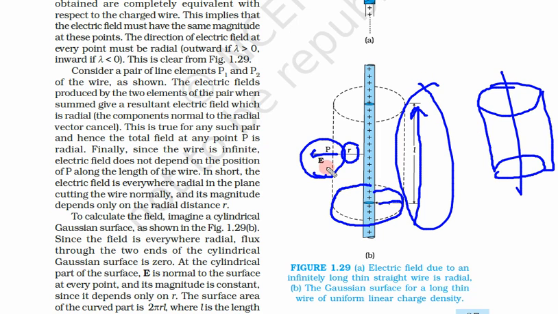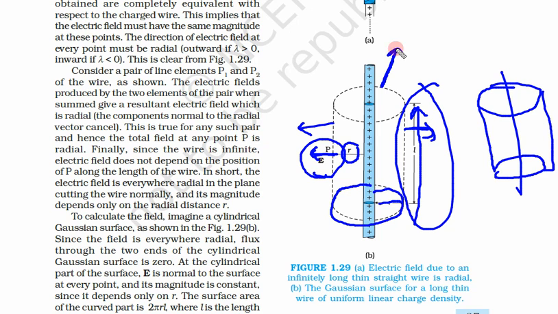Now what is the direction of this electric field? This electric field is always radially outwards and normal to the surface of this cylinder everywhere. Here it is also normal, and on this side it is always normal to the surface. And you also know that the normal to the surface is also radially outwards.